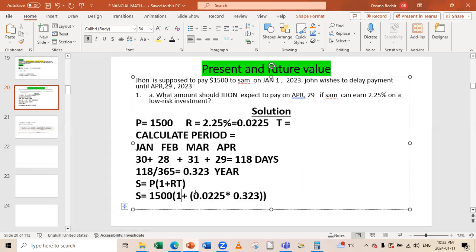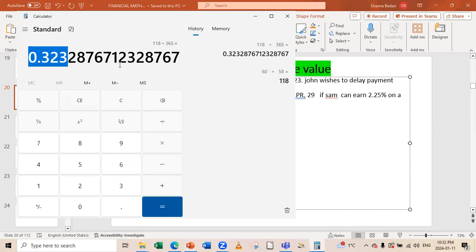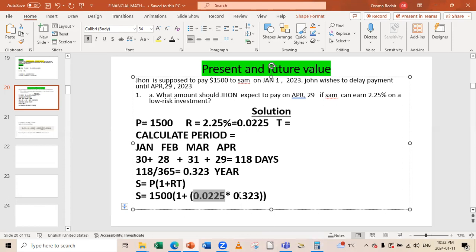How does it go? First I multiply this amount by this amount. So I will take this amount, Control C, then go to the calculator and Control V, times. I will take the second amount, which is 0.323.